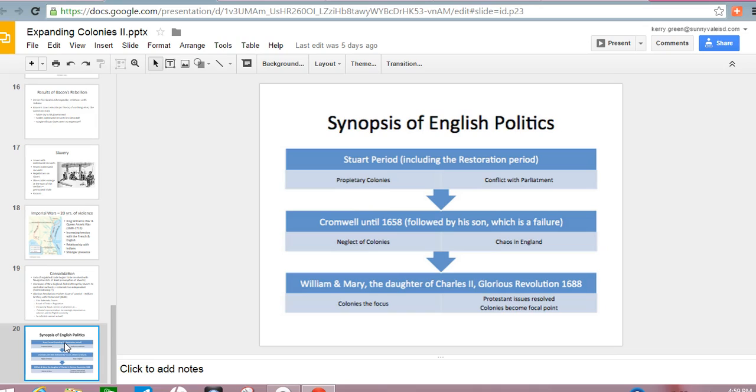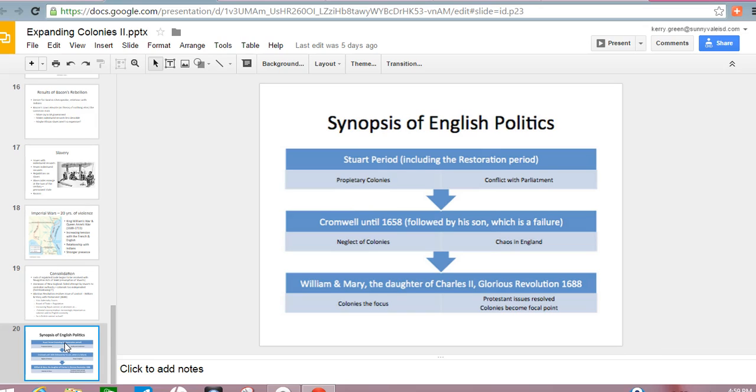What I'm trying to do is focus on the things that help you understand the creation of the United States as we know it. So I don't need to go into a bunch of detail, I don't think, on colonial life. We will, with the next lecture, look at life in the 18th century. I may even have you do some individual research on that. So we'll see how that goes.